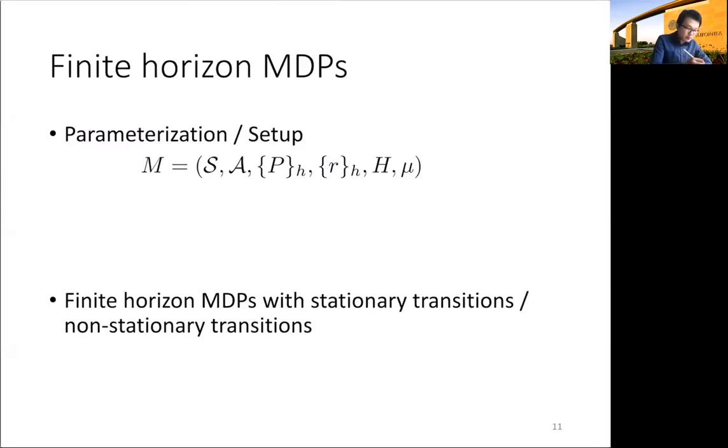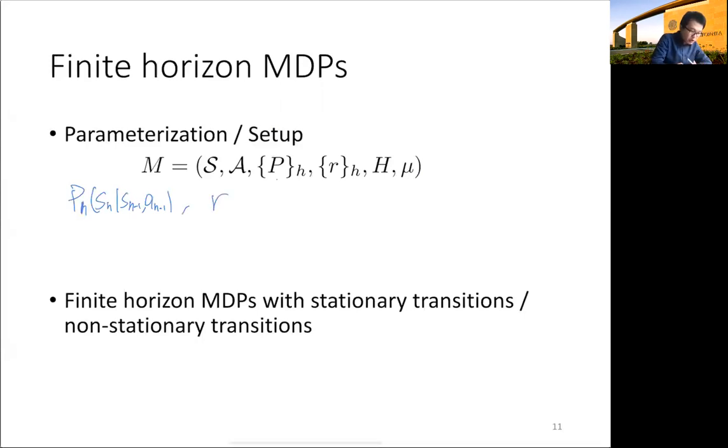So these are still the transitions, the transition kernels and the reward, and the transition kernel now is indexed by H. So it indicates the transition into S_H from S_{H-1} and A_{H-1}. And the state and action spaces are the same.